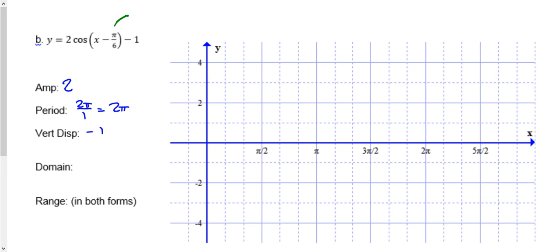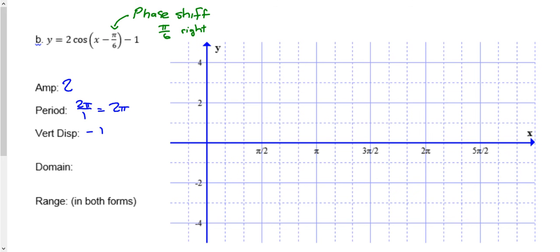We are shifting our graph π/6 to the right, because phase shift and horizontal translation are the same idea. So that means we want to start off at π/6. That's going to be our starting coordinate for our cos graph. So π/6 is this very first coordinate here.